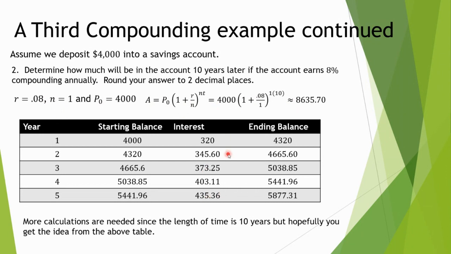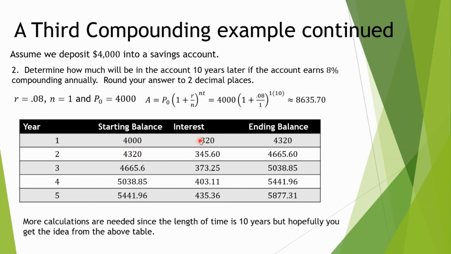And again, I went through the table just to illustrate what's actually happening. It's very similar, except for the idea that year one is the same as before. 8% of this, you get 320. That becomes the new balance. But now you take 8% of this.